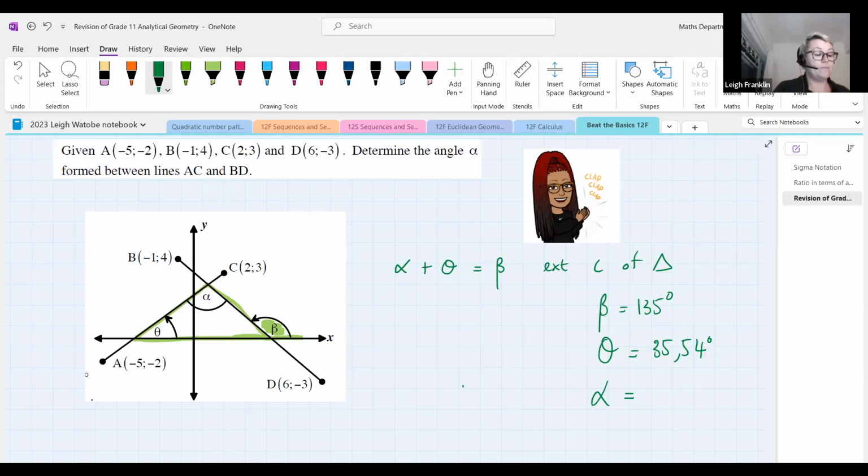Okay, so Gugu, careful with rounding. You should get 99,46. Okay, so don't round to 1 decimal place, 2 decimal places always.